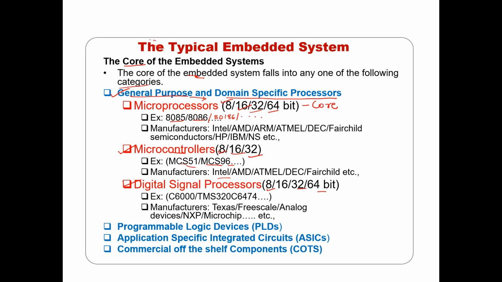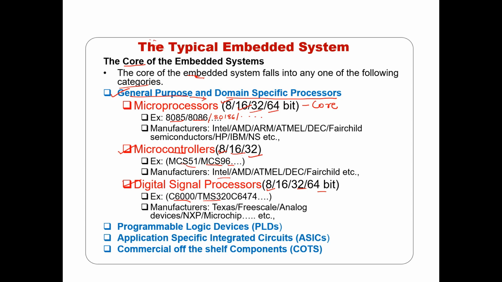Examples are the C6000 or TMS320C6474. Manufacturers of digital signal processor cores include Texas Instruments, Freescale, Analog Devices, NXP or Microchip.